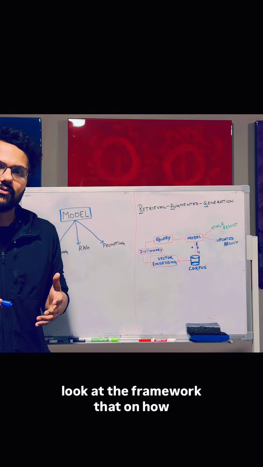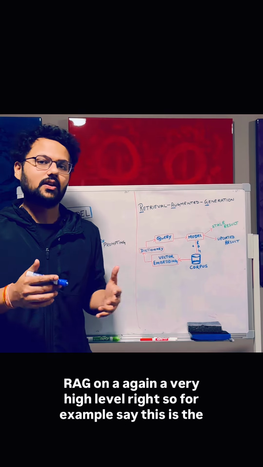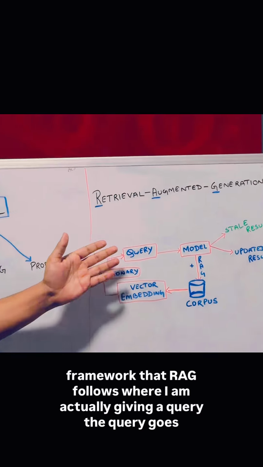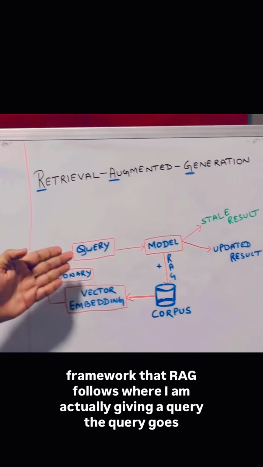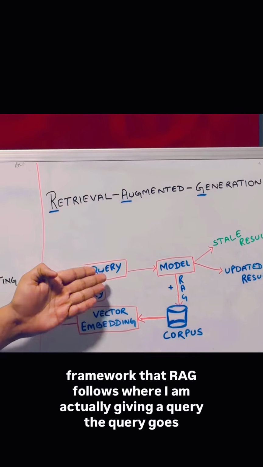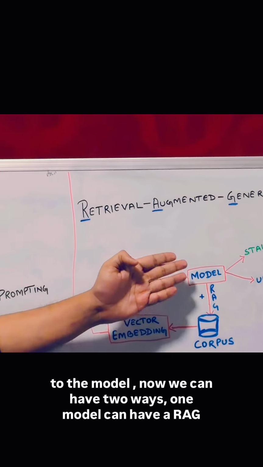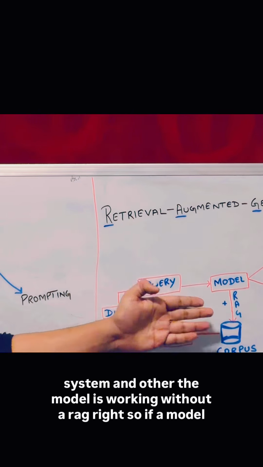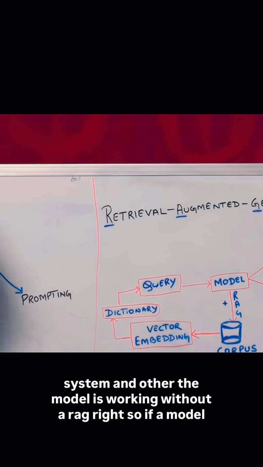So let's look at the framework of how RAG works at a very high level, right? For example, say this is the framework that RAG follows, where I am giving a query. The query goes to the model, right? Now we can have two ways, right? One model can have a RAG system, and the other model is working without RAG, right?